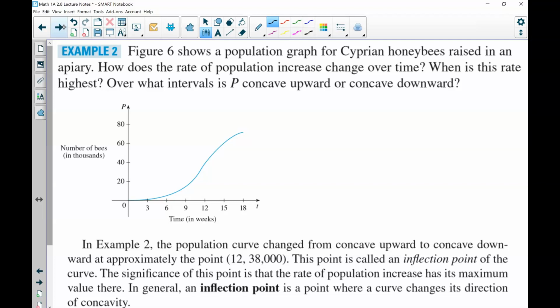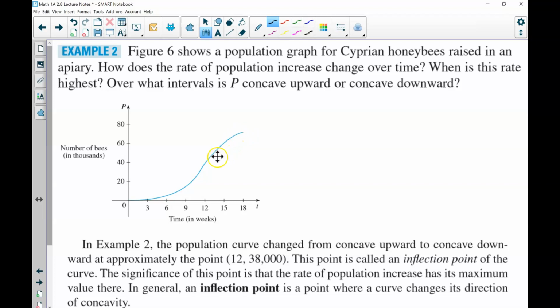Now, if we look at the slope of the curve as T increases, we see that the rate of increase of population is initially very small, then gets larger until it reaches a maximum at about how many weeks? Well, you can see that once it gets to 12 weeks, that's where it's getting its maximum, it's growing faster.